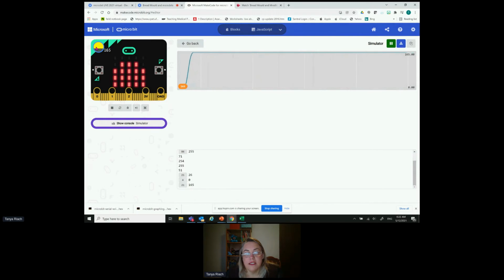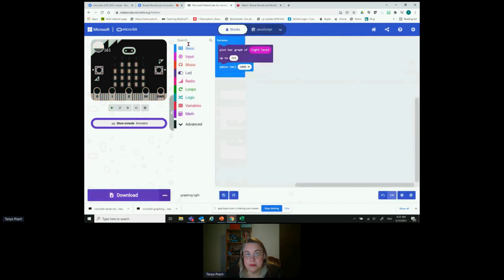So if they had their sensors on with their microbit, they could make sure that they were measuring the light level, if that was something that they were testing that was going to be a variable that was changing. If it was temperature, they could be measuring their temperature.